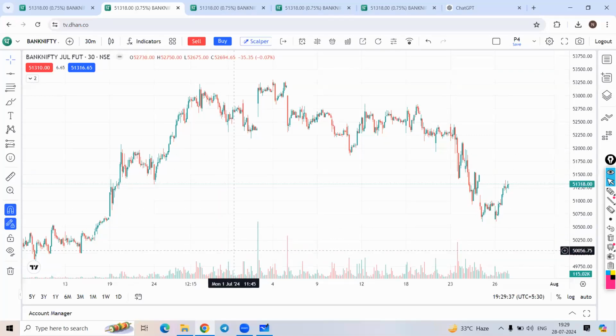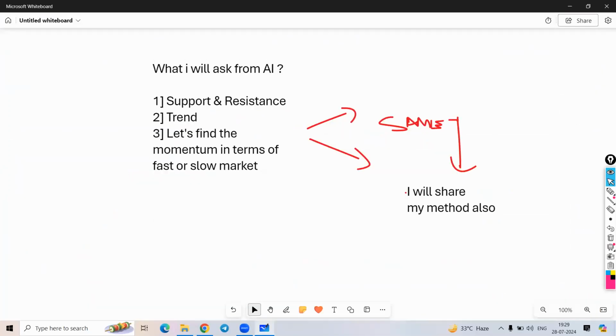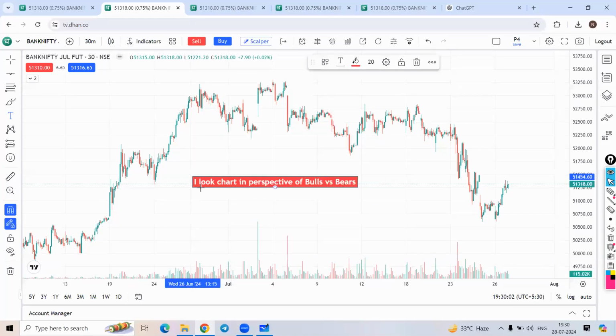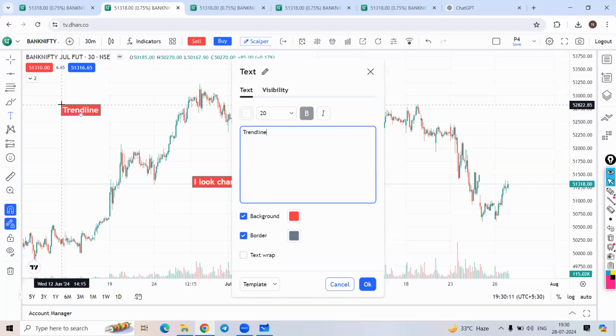In my method, the perspective is always simple. I look at the chart in the perspective of bulls versus bears. That's it. Here in the chart, I am not bothered about a few things. I am not bothered about trend lines.